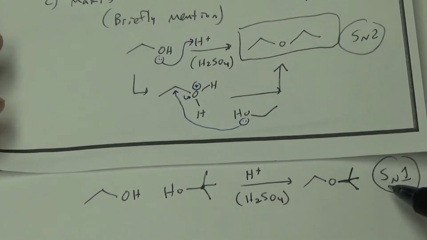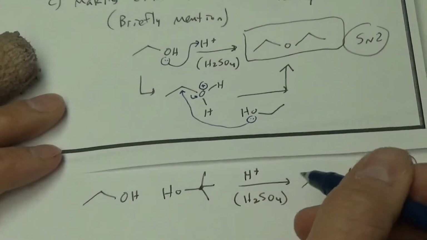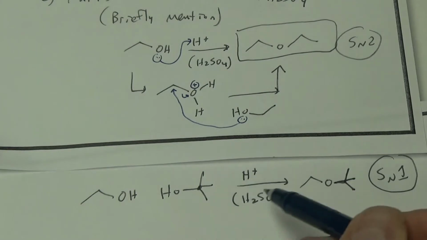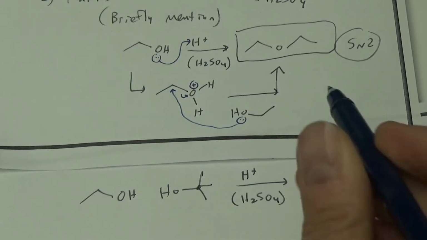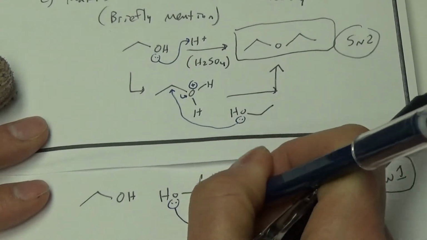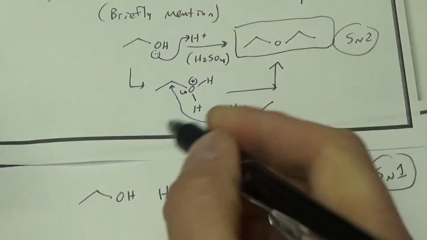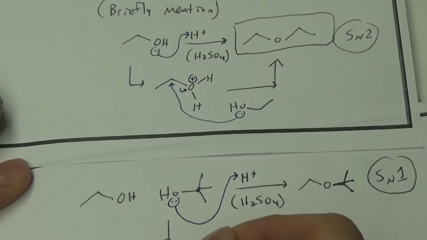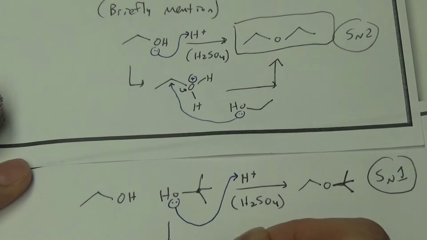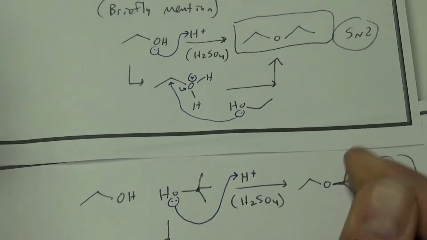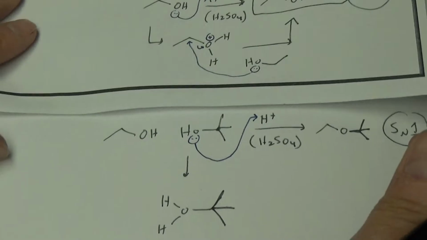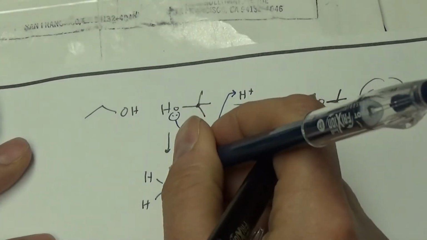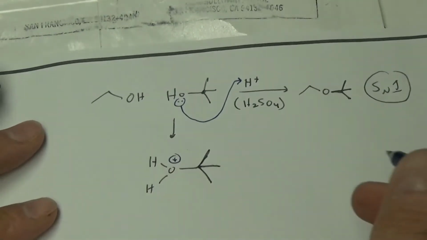And how does this work? What's the mechanism of this? Okay, so with a tertiary alcohol, you think about carbocations, right? And so what happens is we protonate this alcohol. When you make a good leaving group on a tertiary carbon, what happens?